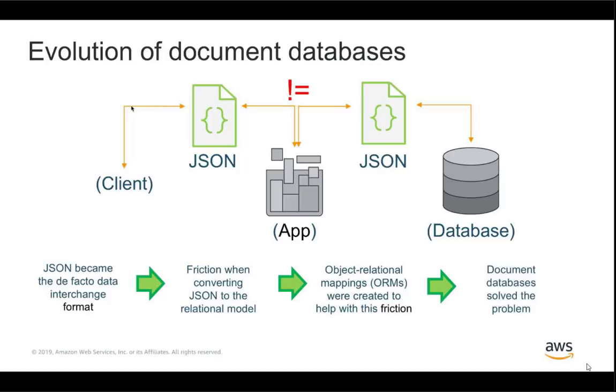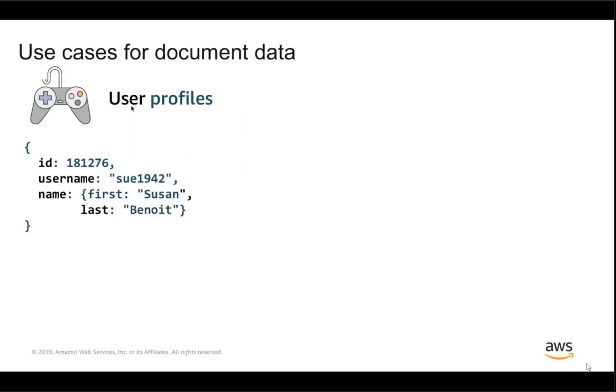What really came about to solve the problem is a whole class of document databases that popped up in the mid to late 2000s that really focused on making the document the first class object of the database, so that you could persist the documents directly to the database without having to do this translation.